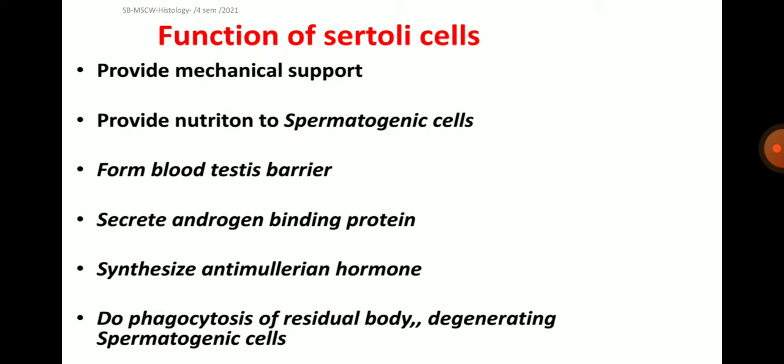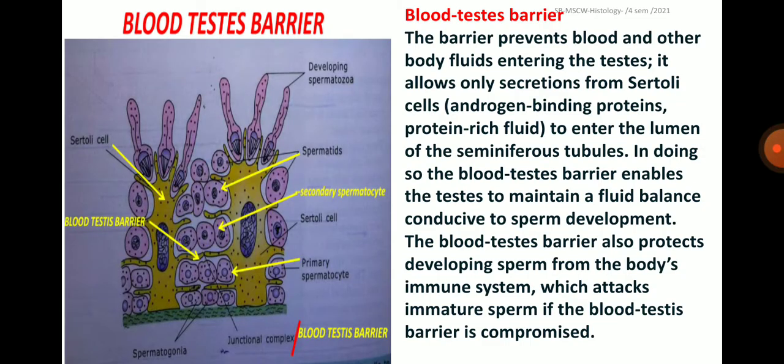Along with that, I had just said that I will explain about the blood testis barrier and its function. So this blood testis barrier is formed between the two Sertoli cells. That means the lateral walls of the Sertoli cells, the plasma membranes of which fuse together and form a sort of junction which is called the blood testis barrier. This prevents blood and other body fluids from entering the testis. This is the main function of the blood testis barrier.